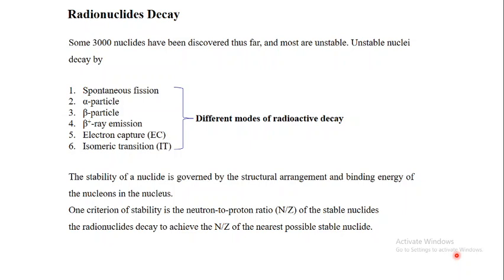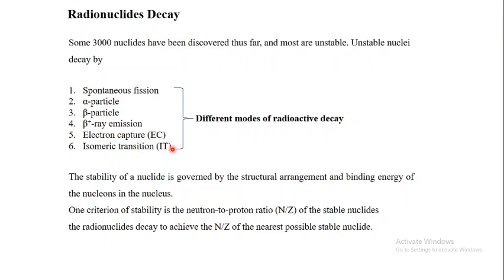So there are about 6 processes that actually play a role in order to stabilize the nucleus. For example, spontaneous fission, alpha particle decay process, beta particle decay process, positron ray emission process, electron capturing process, and isomeric transition processes. So these are the 6 processes which play a role in order to stabilize the nucleus.